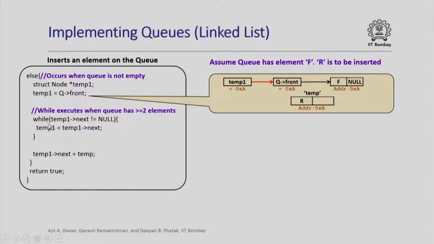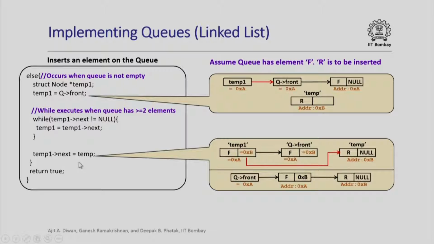Next, I execute a while statement: while temp1 next is not null. But in this particular case temp1 next is actually null, so I will not execute the while statement. I will simply come over here and assign temp to temp1 dot next. Here is where the utilization of my temp1 and temp comes out.